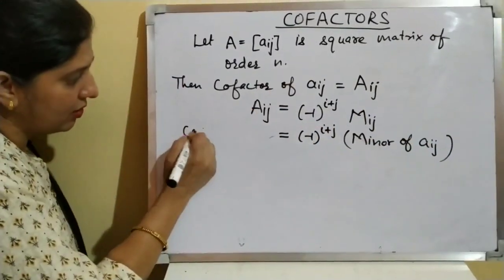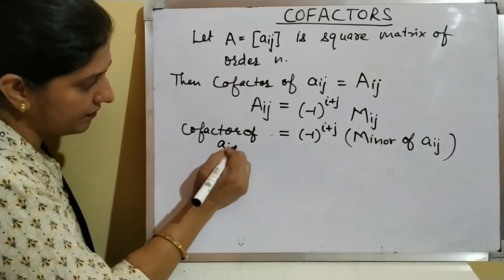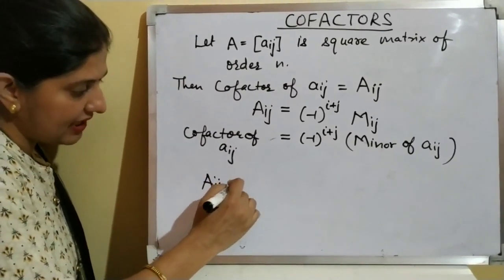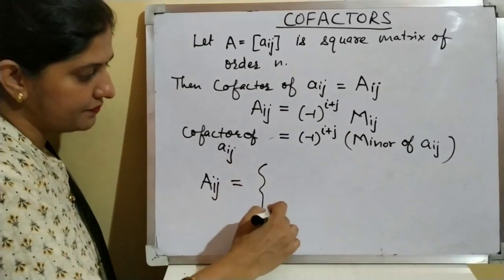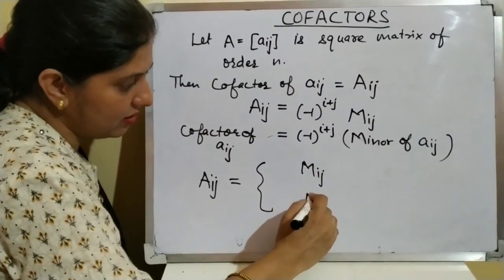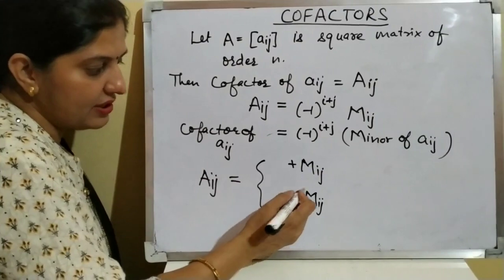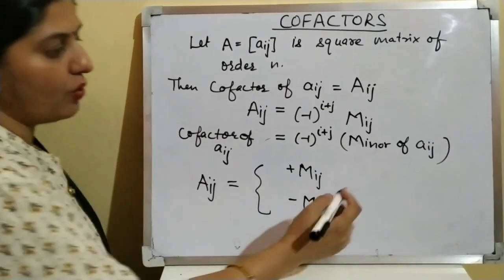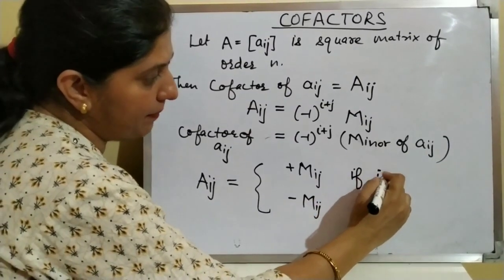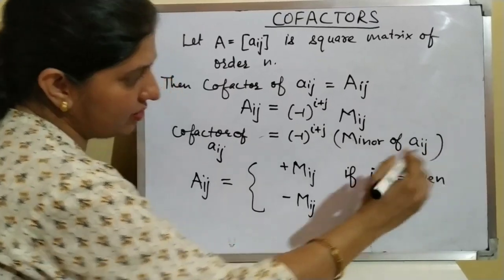We get cofactor of Aij. It means cofactor of Aij is equal to minor of Aij with positive sign or with negative sign, according as i plus j is even or odd.